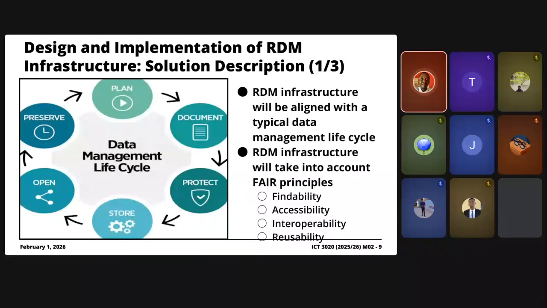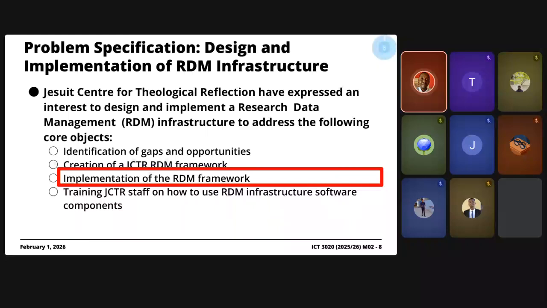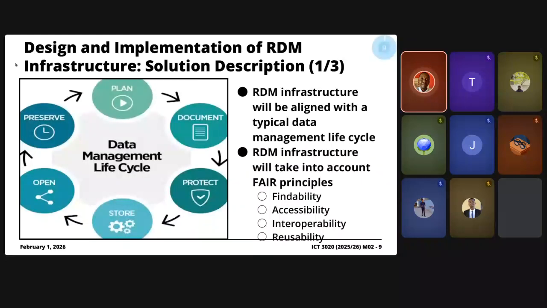So the implementation of this RDM framework was meant to be aligned with your typical data management lifecycle, right? In 6 phases. And then more importantly, the infrastructure to be set up was supposed to take into account the so-called FAIR principles.